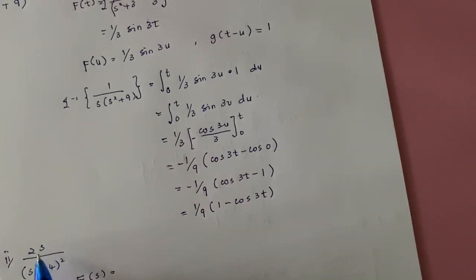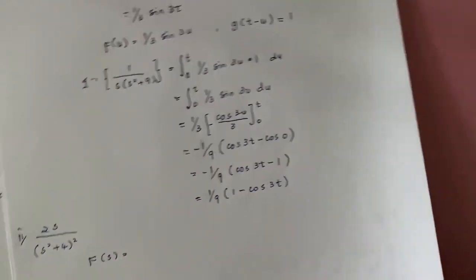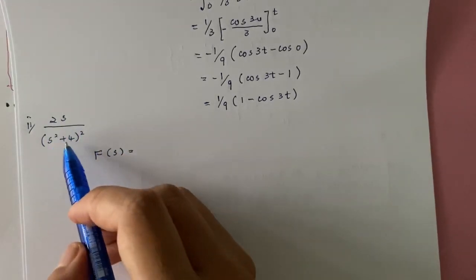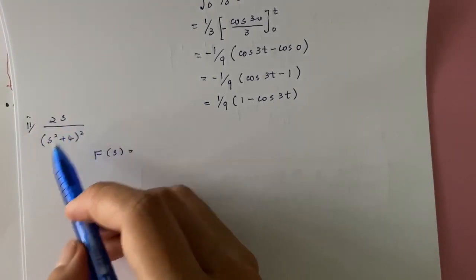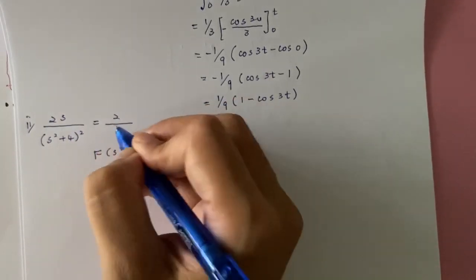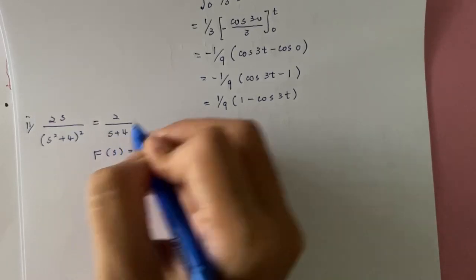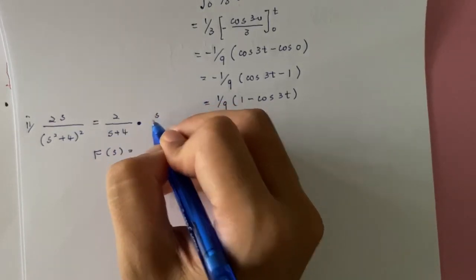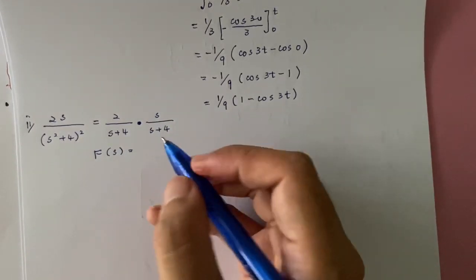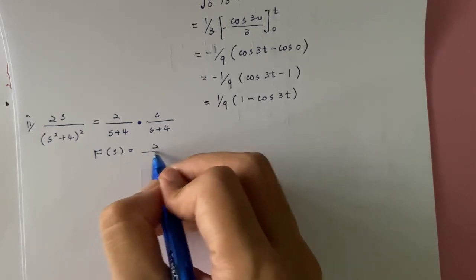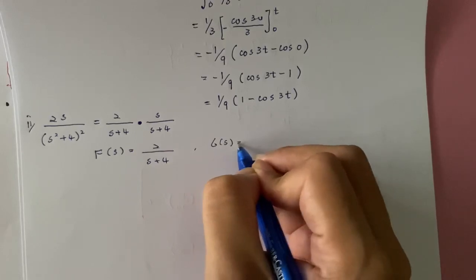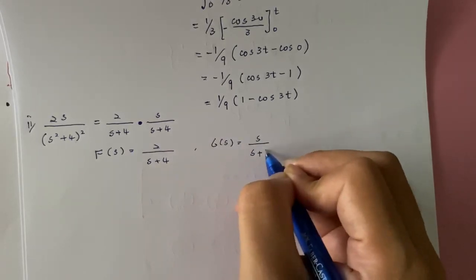So this is basically a product of 2 over s squared plus 4 and s over s squared plus 4. So let's say F(s) is equal to 2 over s squared plus 4, and then G(s) is s over s squared plus 4.